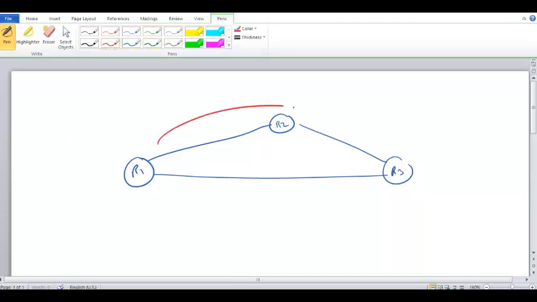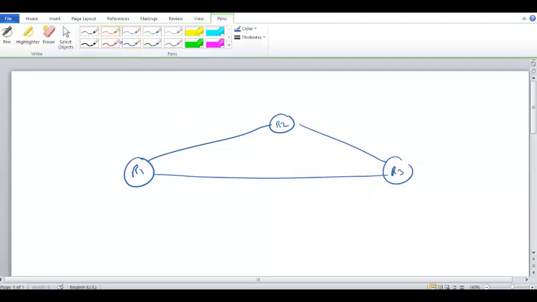One via this path, the other one via this path. Let us say this is the primary path that is selected. But what if that path goes down? I want the neighborship to continue via this path.